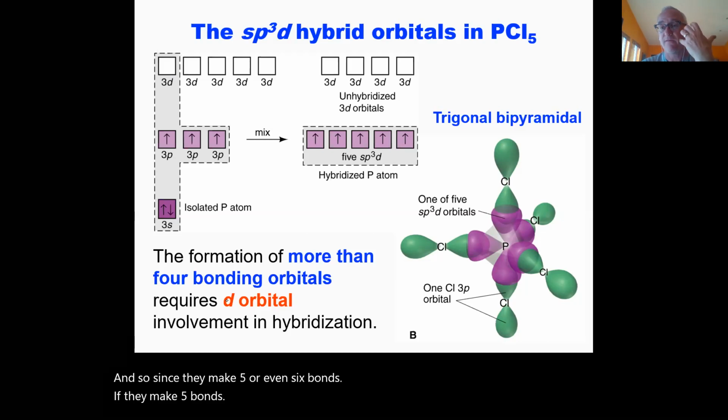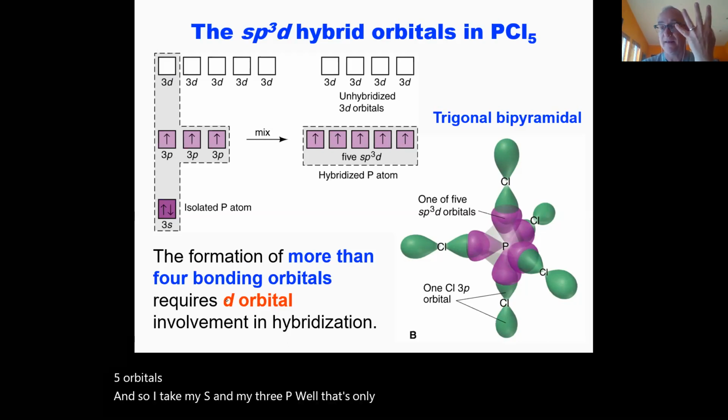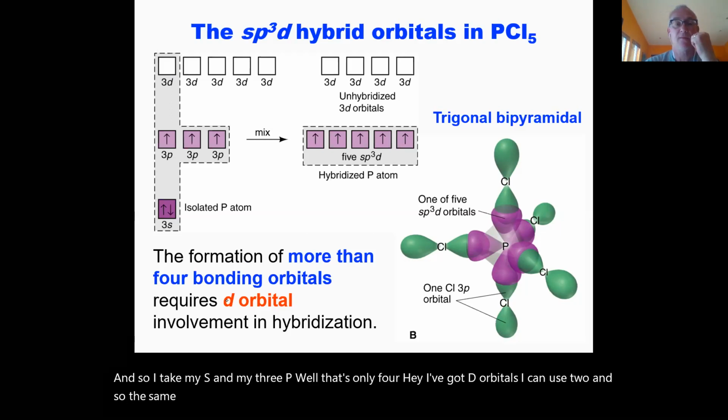they need 5 orbitals. And so I take my s and my 3p. Well, that's only 4. Hey, I've got d orbitals I can use too. And so the same thing happens.